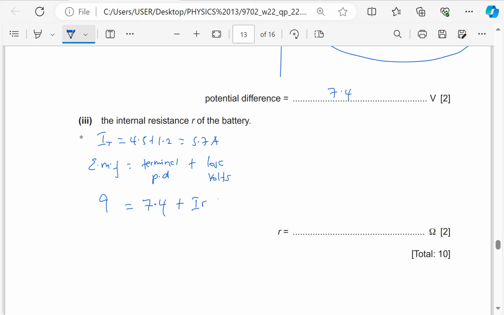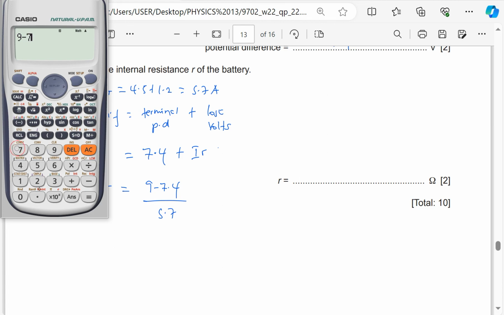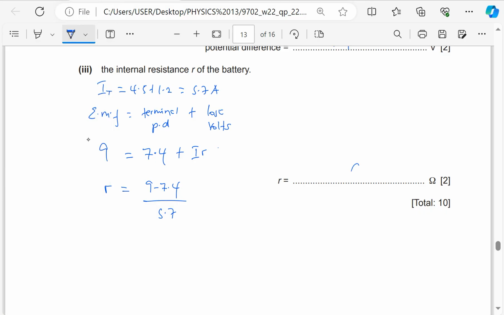So that means I will say small r is going to be 9 minus 7.4, which is the lost volts, divided by the total current, that is 5.7. So I have 9 minus 7.4 divided by 5.7. So this is 0.28.